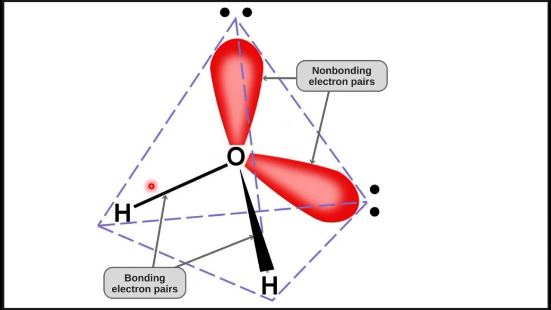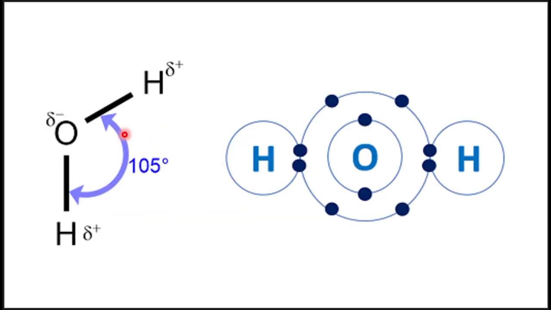Here 1, 2, 3, 4, 5, 6, 7, 8. So these are the bonding electron pairs, and it will have 2 bonding electron pairs and 2 non-bonding electron pairs, and it will have an angle of 105 degrees.